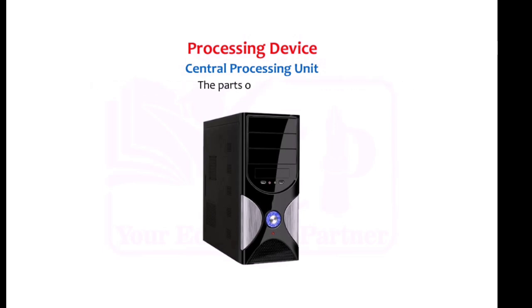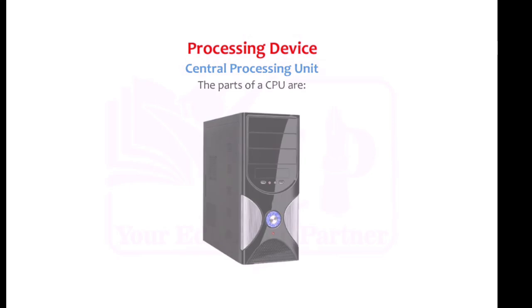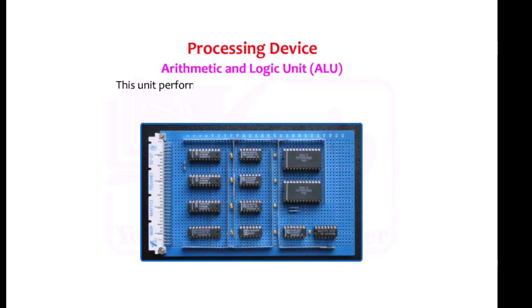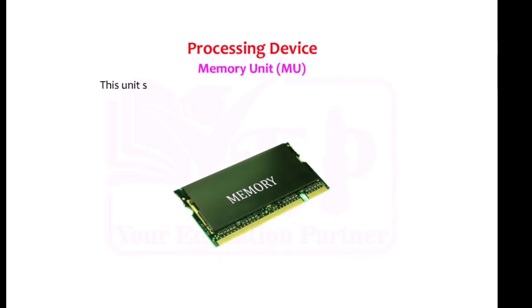The parts of a CPU are Arithmetic and Logic Unit (ALU). This unit performs all arithmetical and logical operations. Memory Unit (MU). This unit stores instructions required for the processing of data.